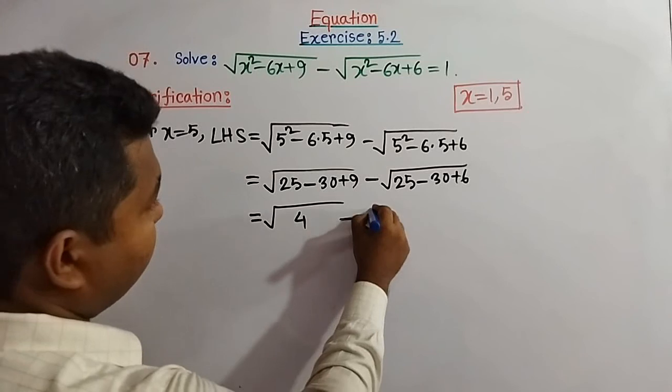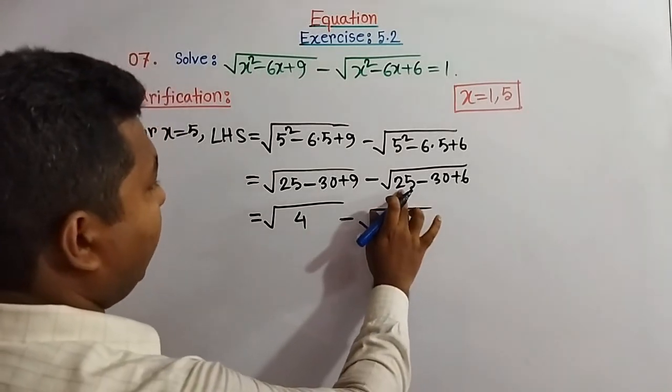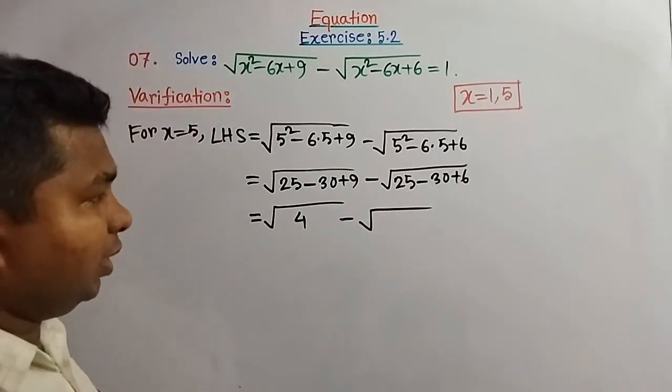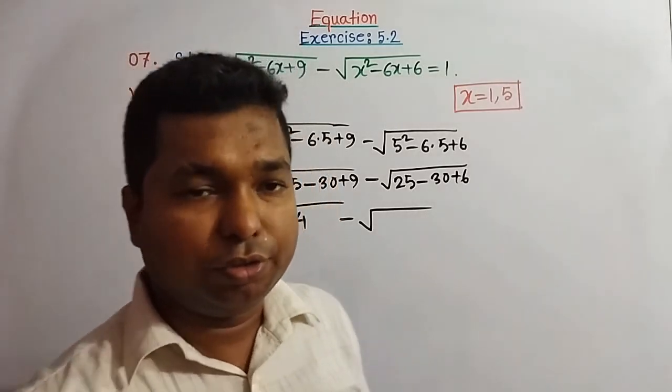Then minus the square root of 25 + 6 equal to 31, 31 − 30 equal to 1, so the square root of 1.